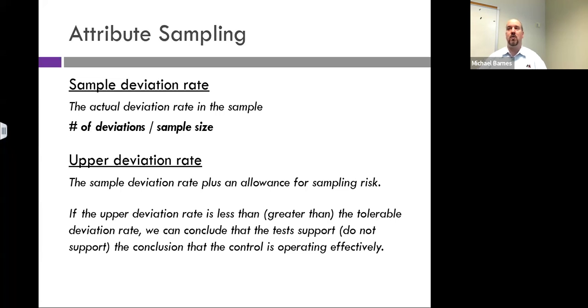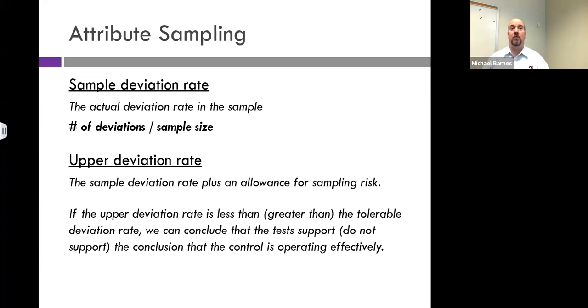So if my sample deviation rate is like 3%, then I might predict that my population deviation rate is somewhere between 1% and 5%. I am concerned about that upper end, the top range, not the bottom range, because the bottom range is below the sample deviation rate. But I'm very concerned about what the highest possible deviation rate could be.